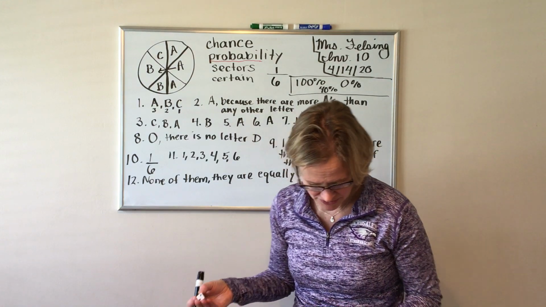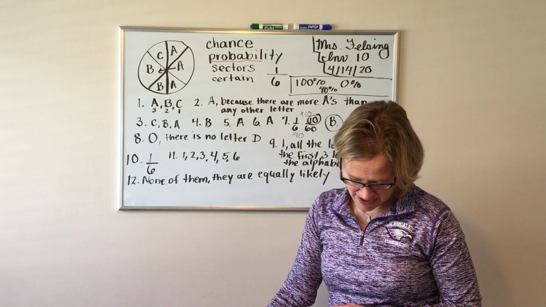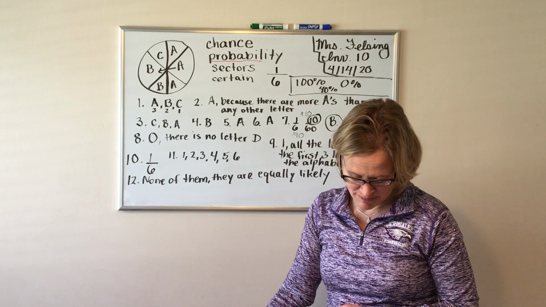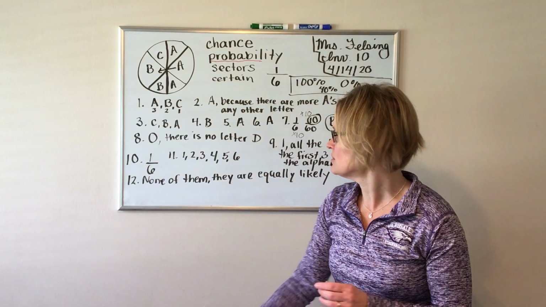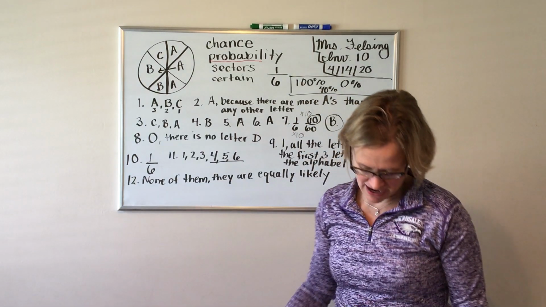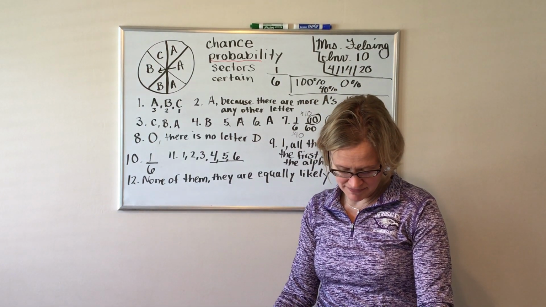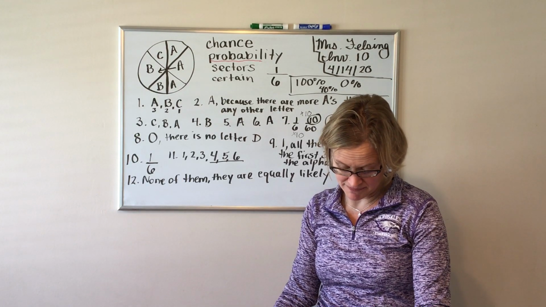So then we take a look at number 13. If a dot cube is rolled many times, about how often would we expect to roll a number greater than 3? So we have 4, 5, and 6. And then our answers are less than half the time, about half the time, more than half the time, or none of the time.